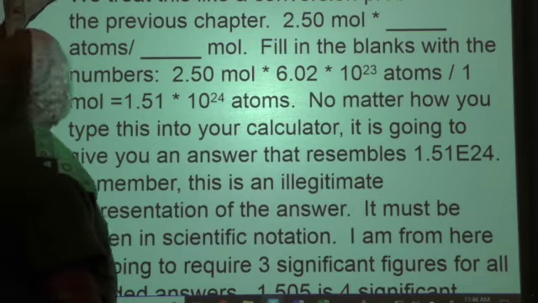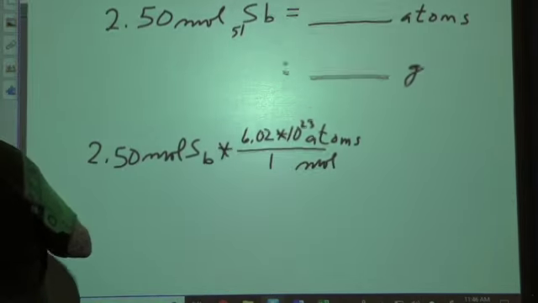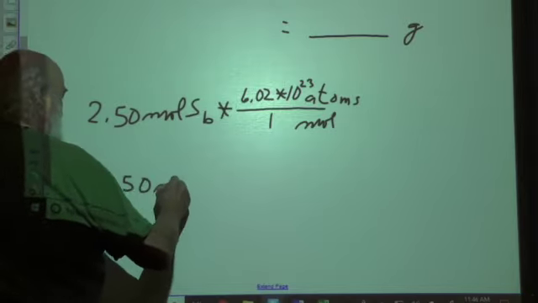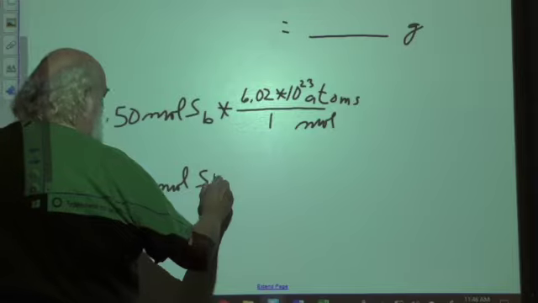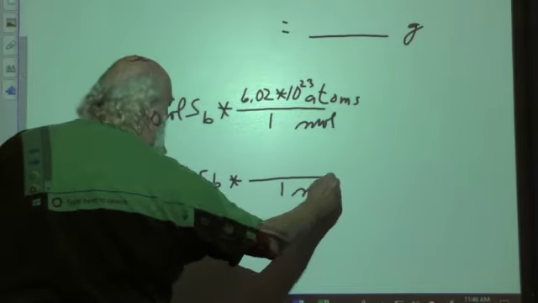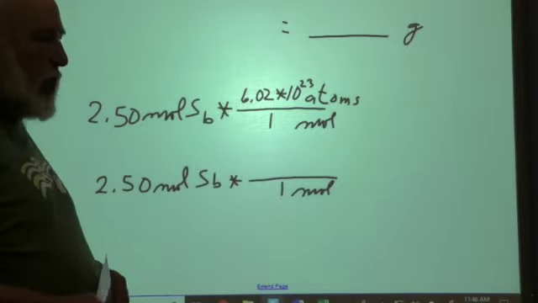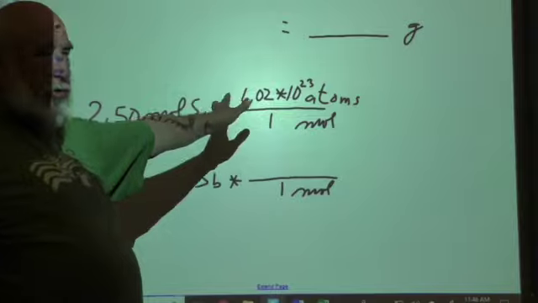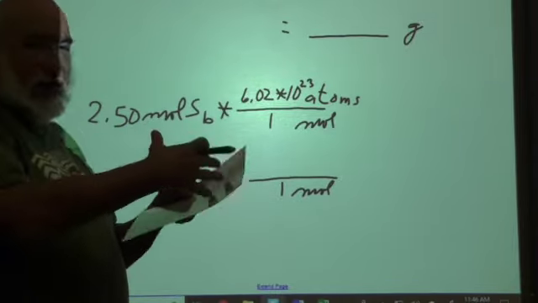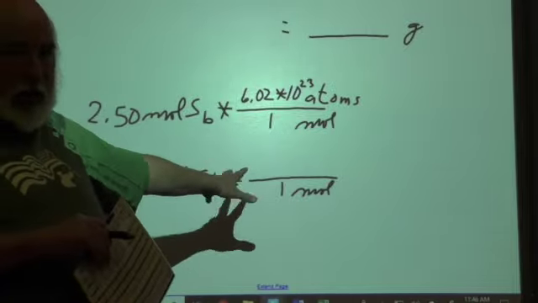Next, we're going to change the 2.50 moles to grams. 2.50 moles of Sb times, and again put 1 mole at the bottom. Now that we're talking about grams, we're no longer dealing with the number 6.02 times 10 to the 23rd in the problem. It's in the background that causes these AMUs to become grams, but we don't put it into this problem.